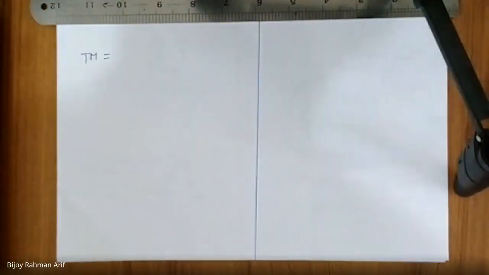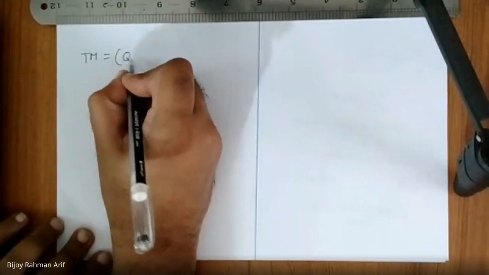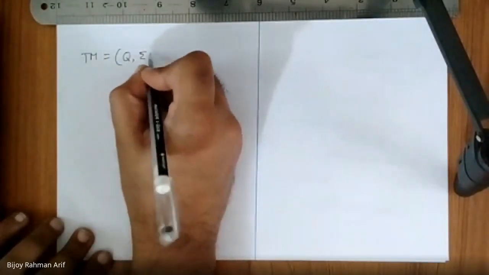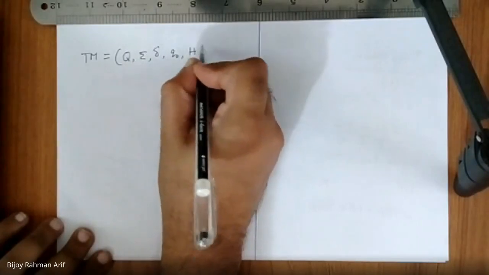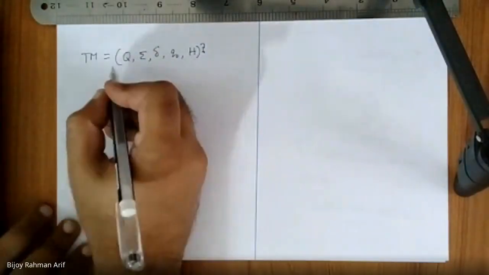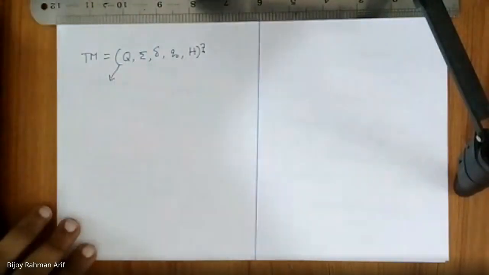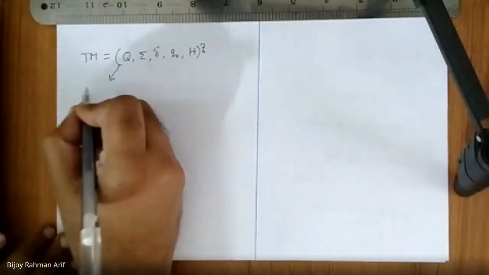It can be represented by a quintuple: Q, sigma, delta, Q naught, and H. So what is Q? Q is nothing but the set of states.